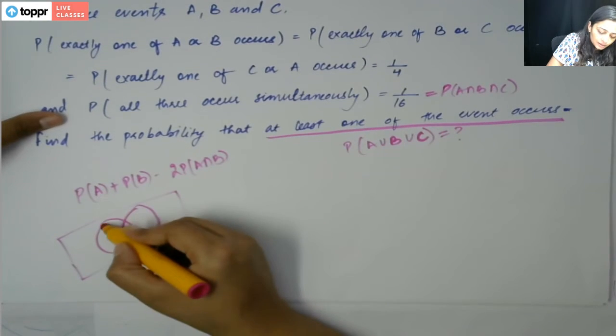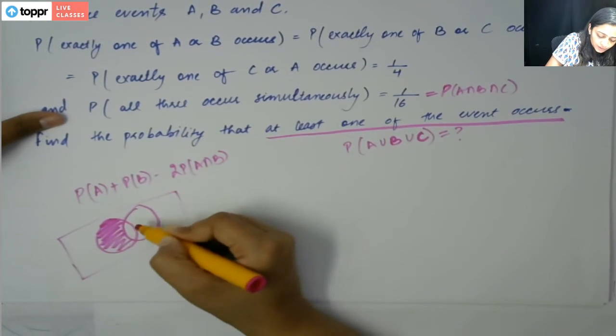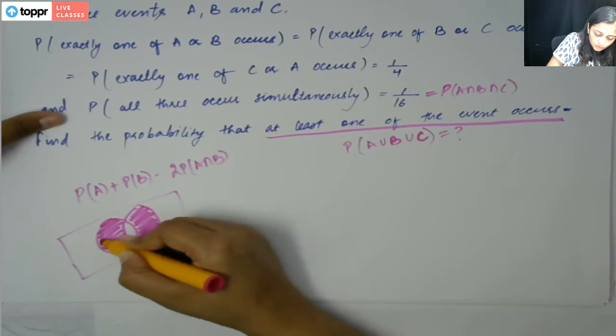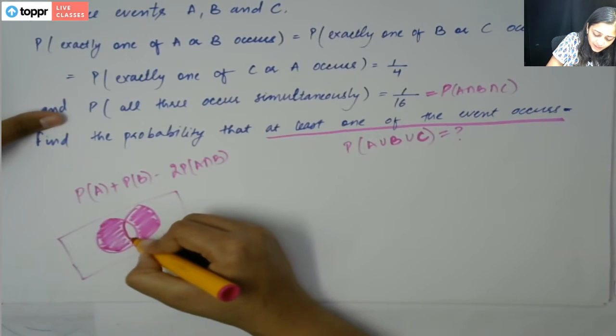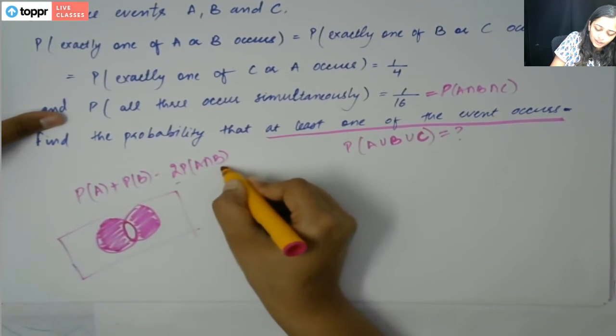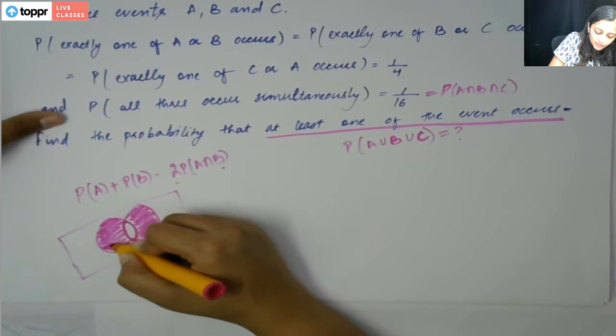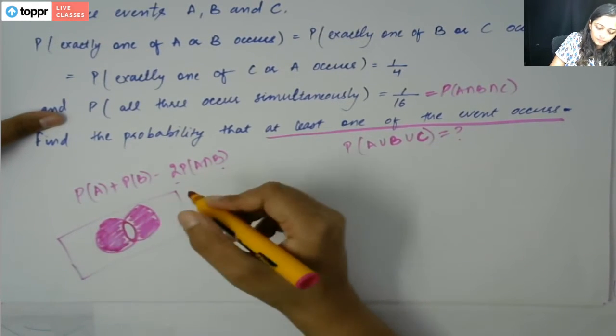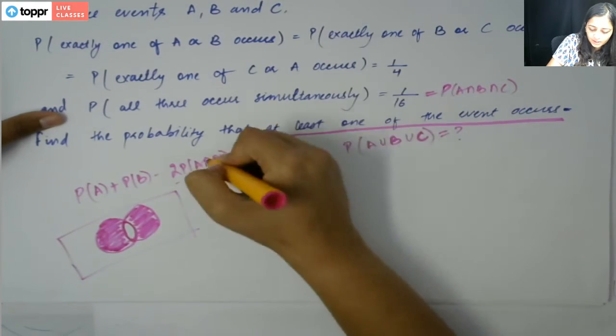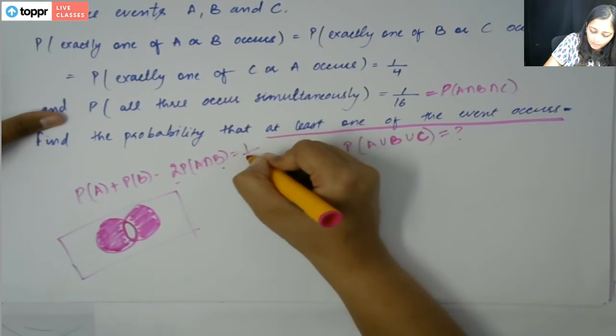Both cannot occur, so we want the probability of this region and this region. If we add probability of A and probability of B, this region is added twice. So we have to subtract it twice to get the probability of the shaded region. So this is equal to 1 by 4.